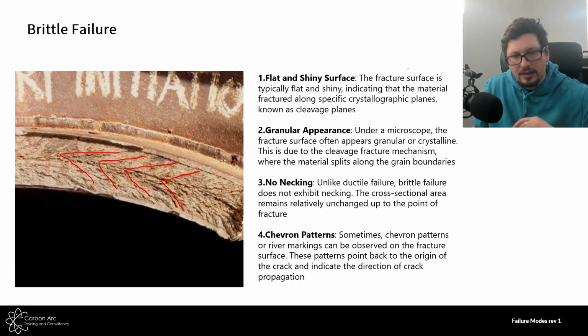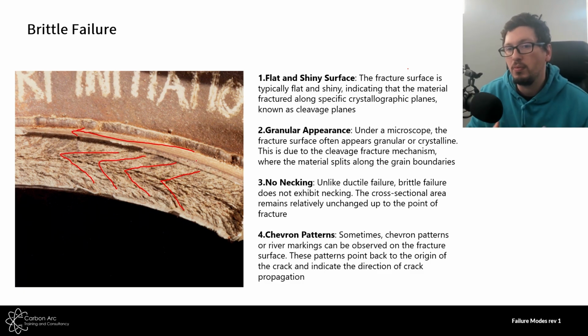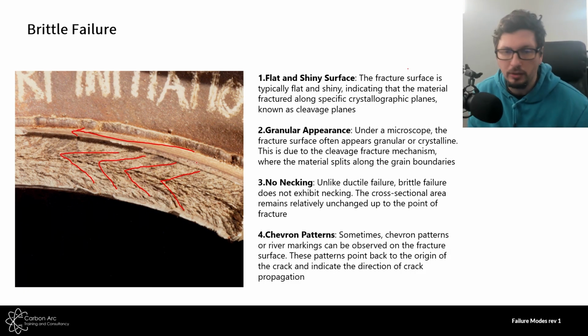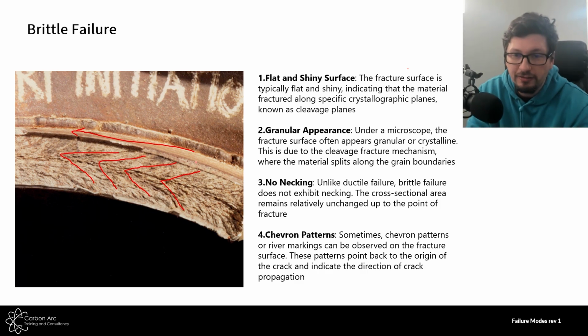That means my crack is moving in that direction through this material. It's breaking and growing out. It's very helpful when we want to find the location where the crack initiated. When we're looking for the defect that caused the failure, we can follow all these back to that one single point. So flat and featureless, crystalline appearance, sometimes with chevrons.